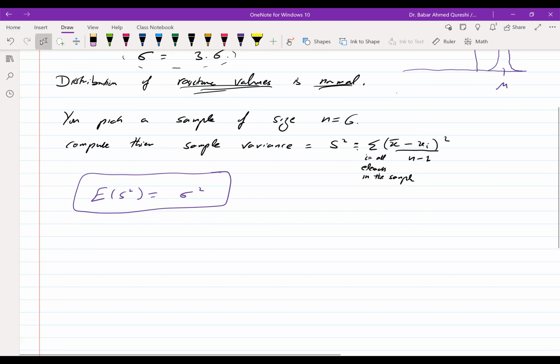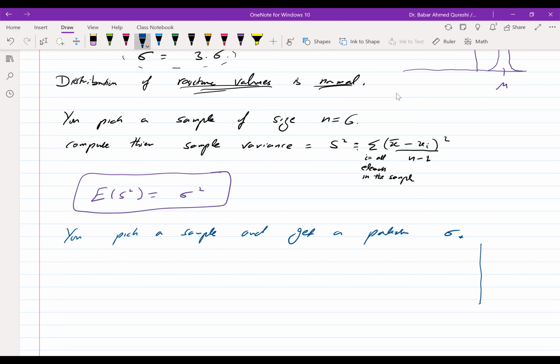So suppose you pick a sample and get a particular sigma, let's call it sigma star.